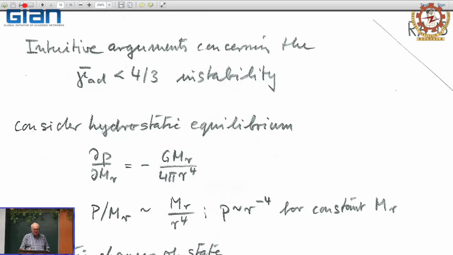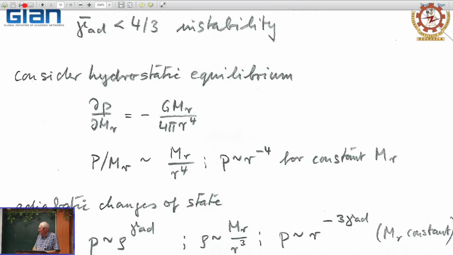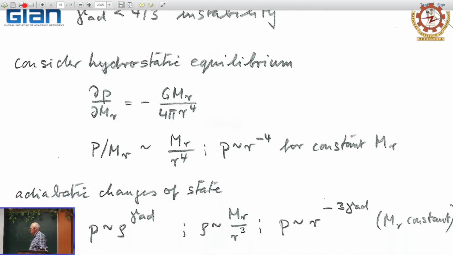Now, if we compress or change the volume of our star, then also the thermal pressure will change. And if we have adiabatic changes of state, if the compression or the perturbation is fast enough such that the matter cannot exchange heat with its surroundings, then the pressure will go like the density to the power gamma adiabatic. d log P by d log rho is gamma adiabatic, and if we integrate this relation, then the pressure goes with the density to the power gamma adiabatic.